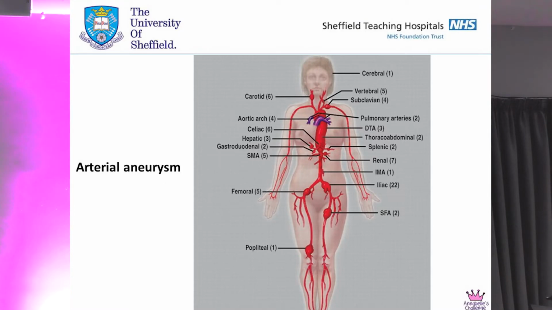So Dr. Johnson described where we tend to see dissections. The distribution of aneurysms is slightly different to that, and this is just from about 80 odd patients. You'll see that there's a predominance in such places as the gut arteries and in the aorta, and in slightly unusual places such as in the leg or the arm arteries.